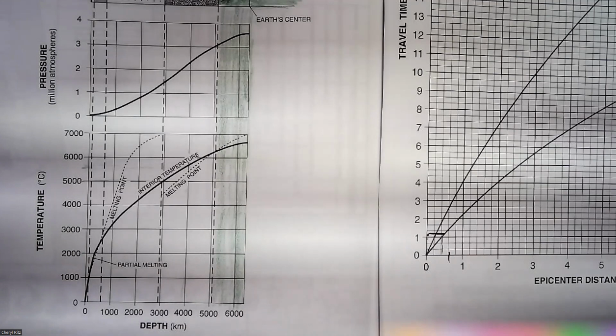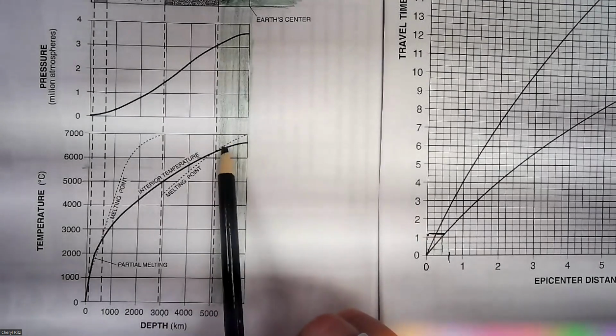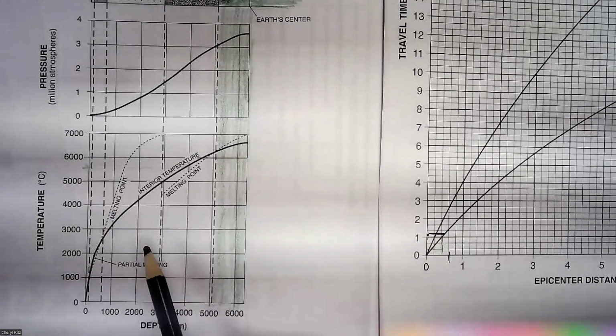Hopefully you noticed, what did you notice about the pressure of the inner core as you were coloring over it? How much pressure does the inner core experience? A lot. That's what I really was hoping you'd say. Now, it depends on exactly where we look.